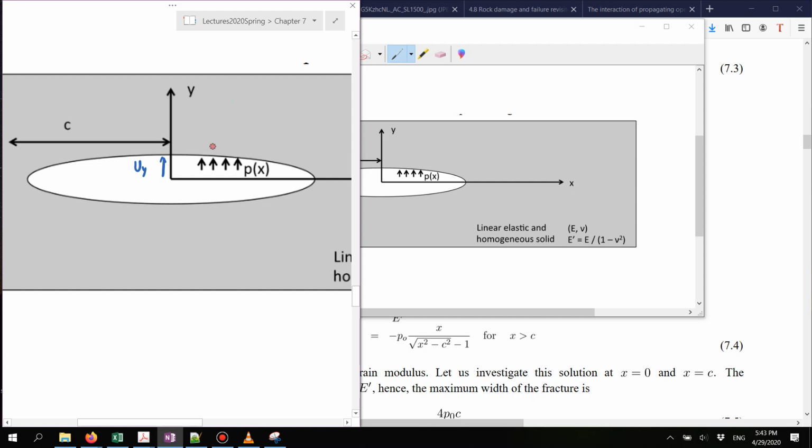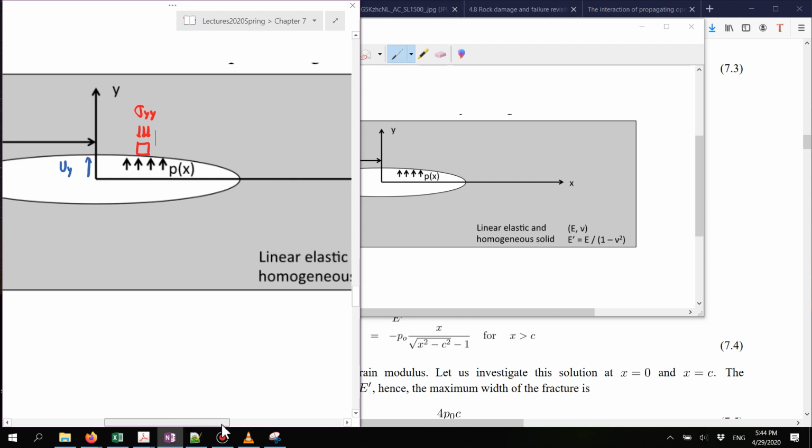So what I was saying before is that the stress for a piece of rock immediately adjacent to the fracture wall, the stress sigma yy, the normal stress in direction y, is going to be equal to the pressure in the fracture for all the elements which are near the fracture wall. And that is going to be a compression because I'm pushing with a positive pressure, right?